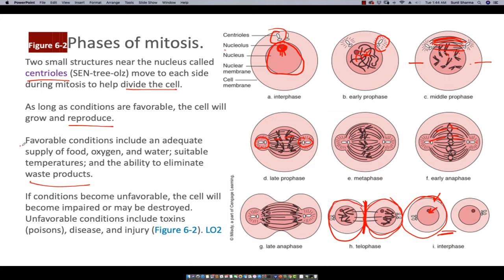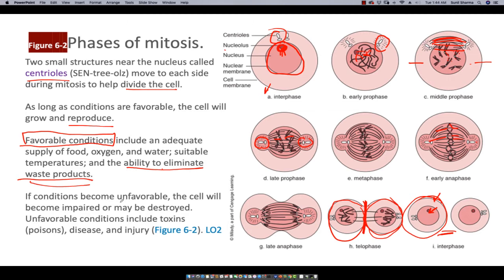So the cell, before it divides, is looking for these favorable conditions, and one of them, interestingly, is the ability to eliminate waste products. So even a cell will generate some waste products that it needs to dispose of. So the conditions need to be appropriate for that.